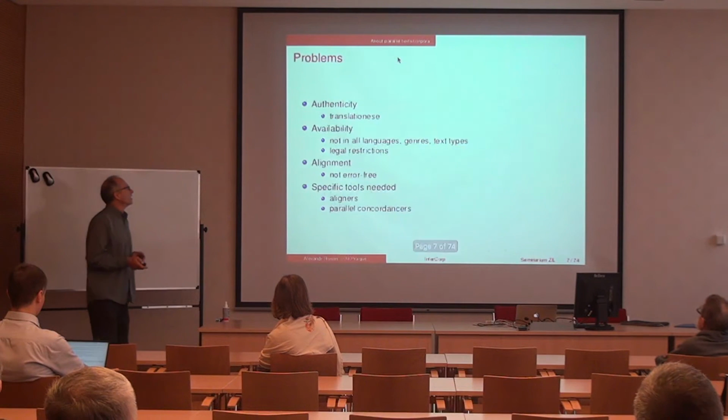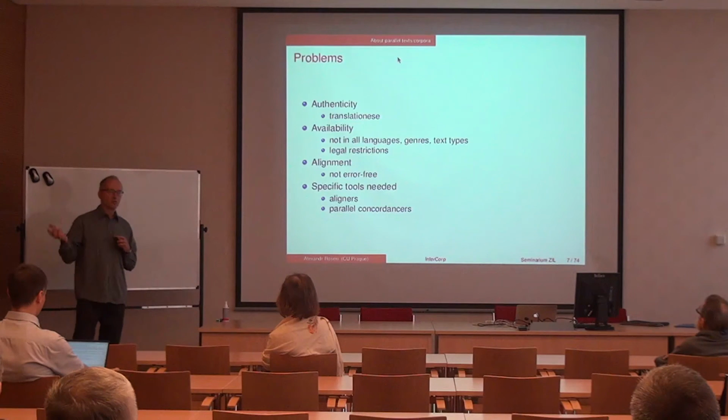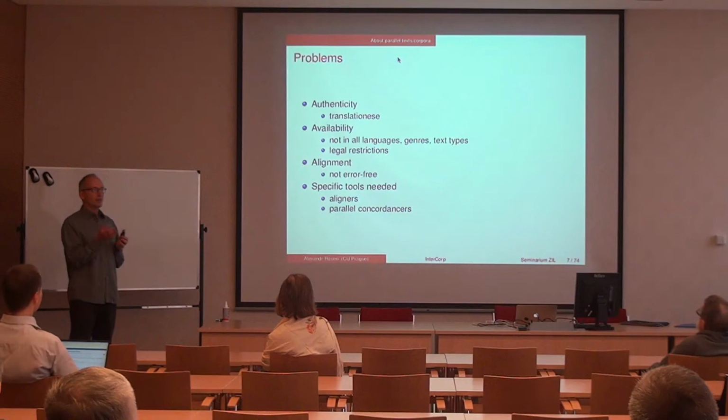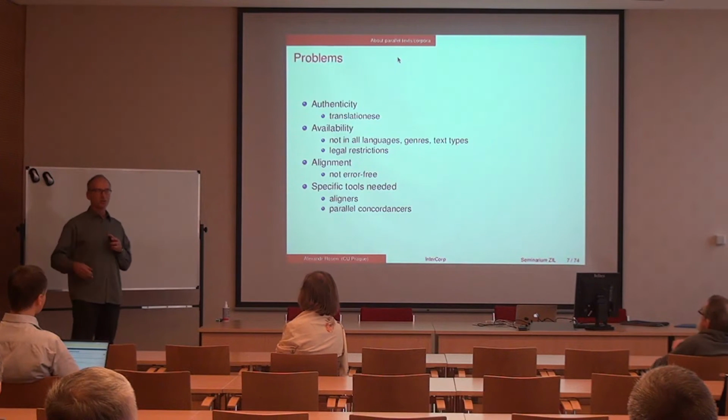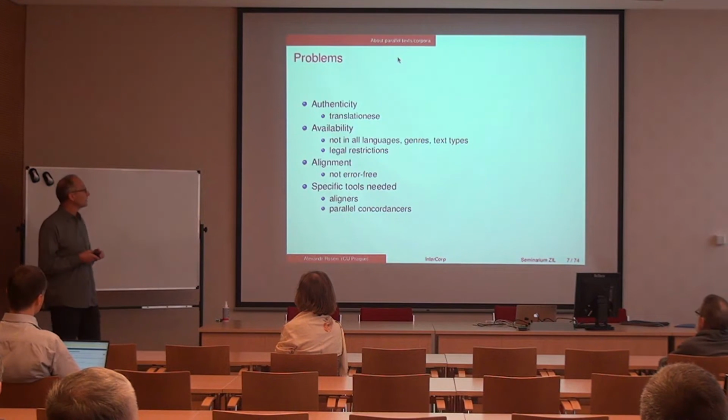So if you compare parallel corpora to normal corpora, you have some problems. Namely, it's hard to have the parallel corpus in some authentic state. You usually have translation, so you have a language that is not really authentic. Some people call it translationese, and it's not the proper language as it should be.